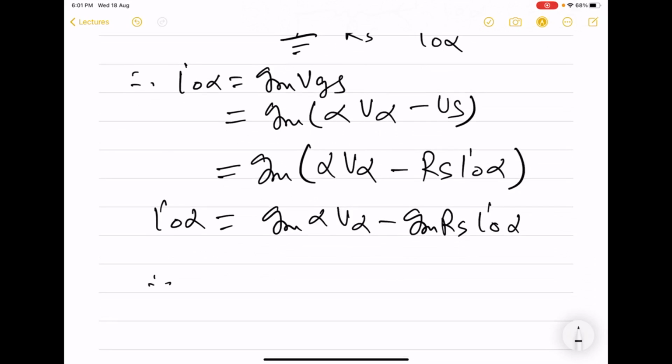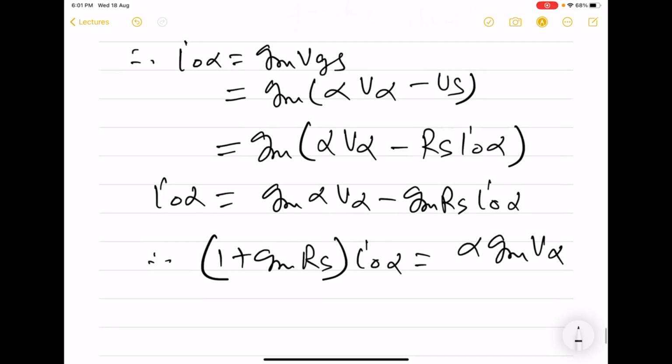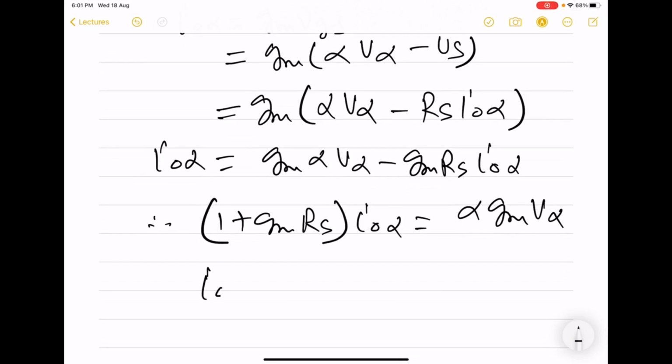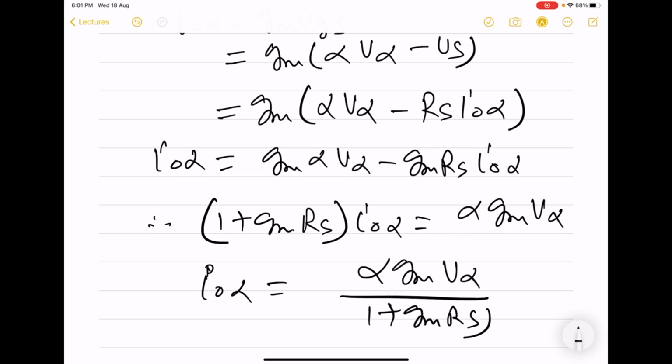So therefore, 1 plus GM RS times IO alpha is equal to alpha GM V alpha, and IO alpha is equal to alpha GM V alpha divided by 1 plus GM RS.